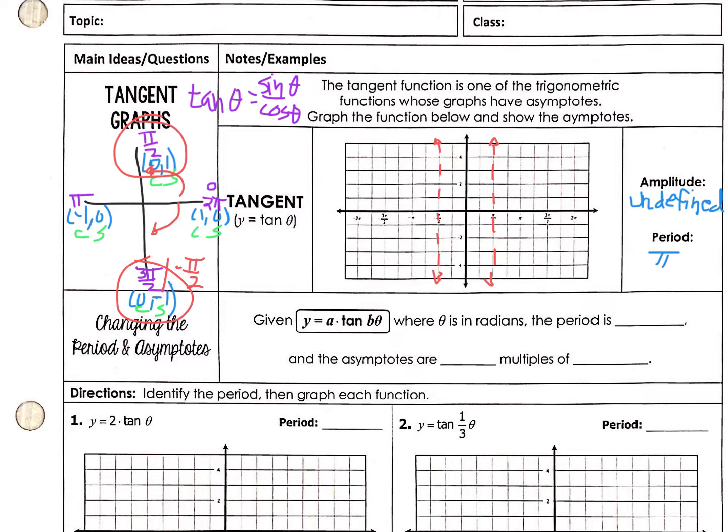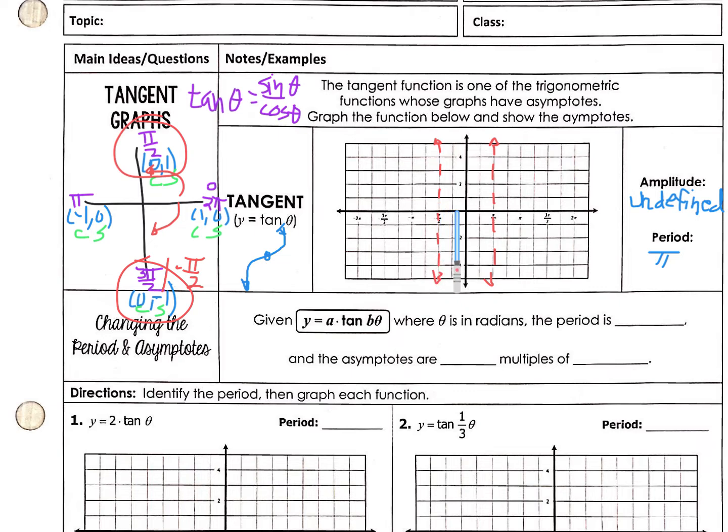All right, tangent, you've got to remember, starts high on the right and goes down low on the left. So it looks like this S-shaped curve with this point in the middle. That's the shape of the tangent curve. And so look at the distance between these two asymptotes and cut it in half.